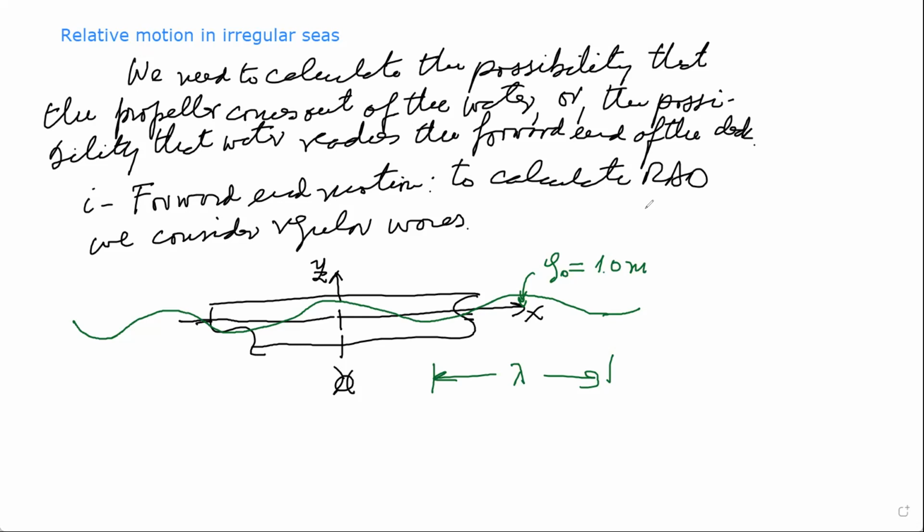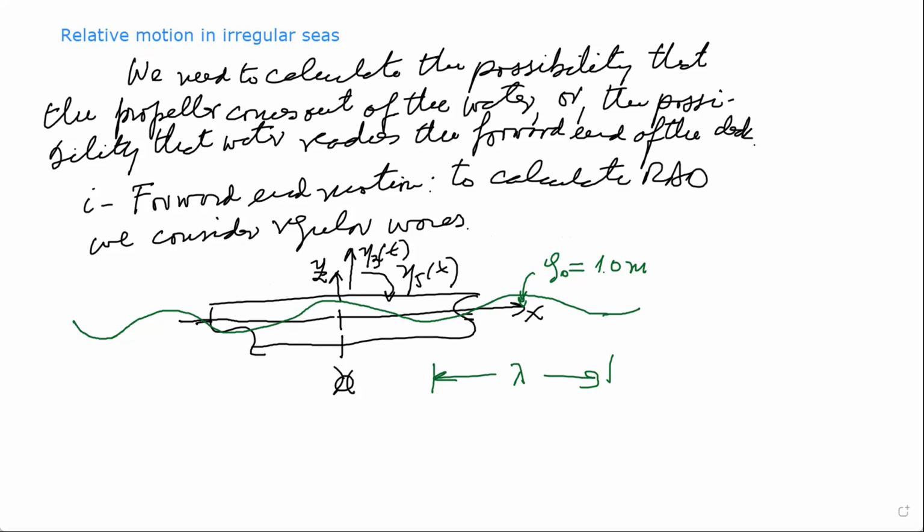Now, if we use any program, for example in your case MaxSurf, you are going to calculate eta 3 as a function of time, and also eta 5 as a function of time. So remember, eta 5 means radians.